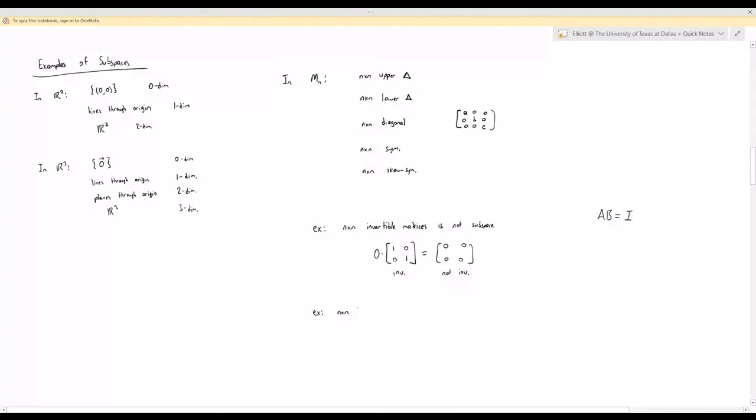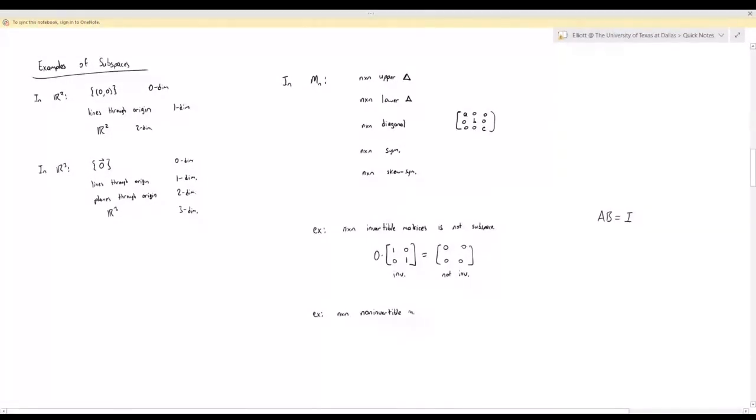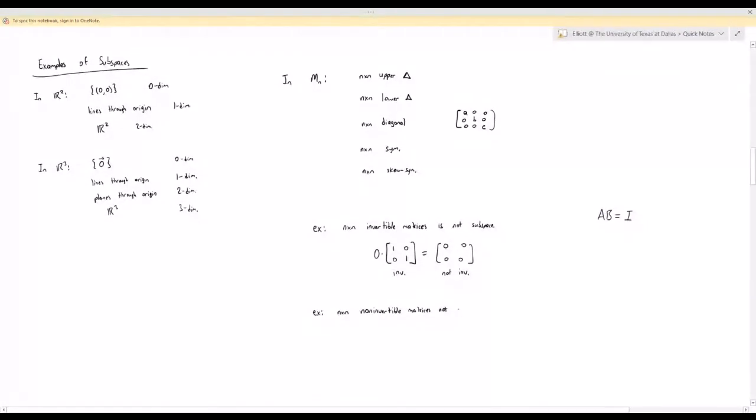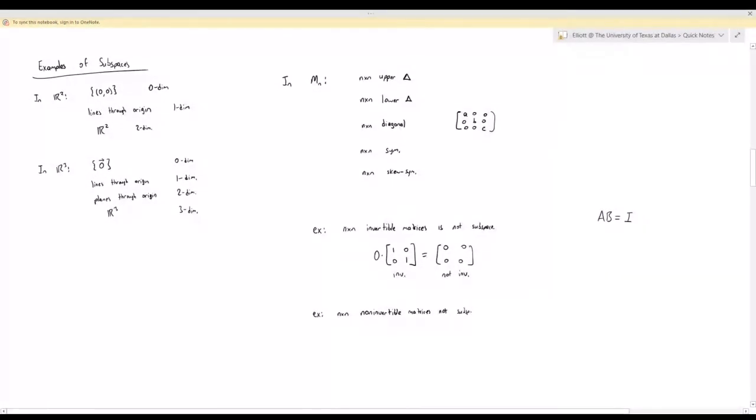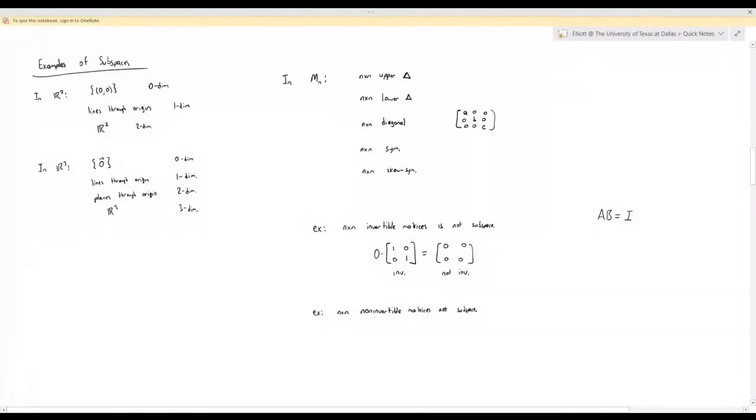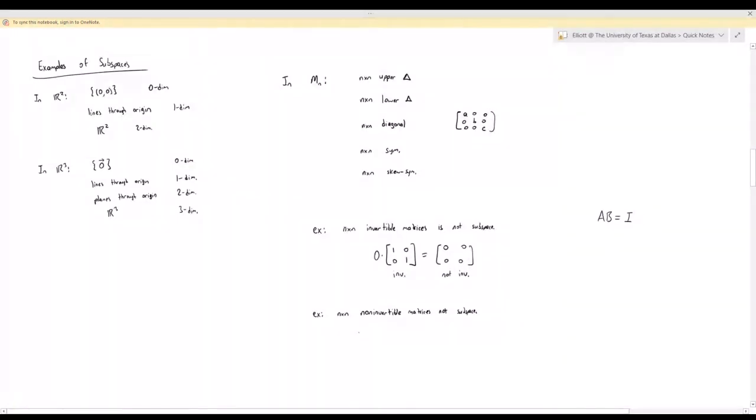If I take the n by n non-invertible matrices, it's also not a subspace. Here's a short example of why.